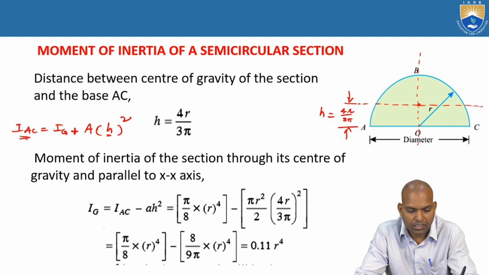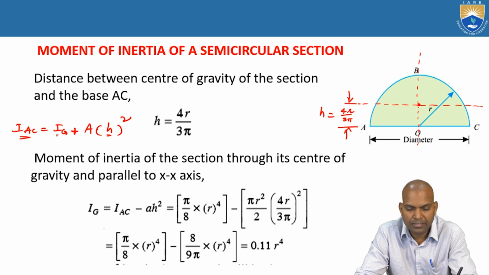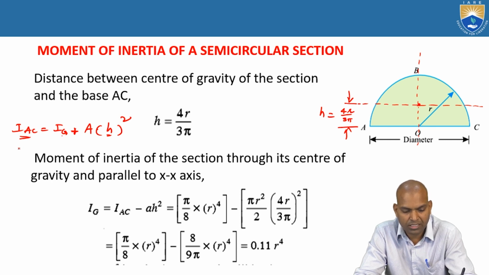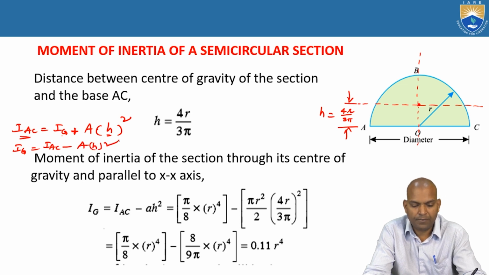Now first we have to calculate I_AC, the area of the section, with I_AC equal to I_G plus A h square.